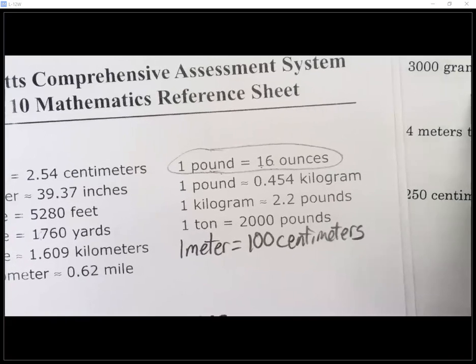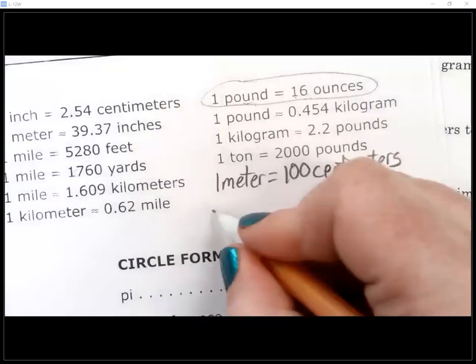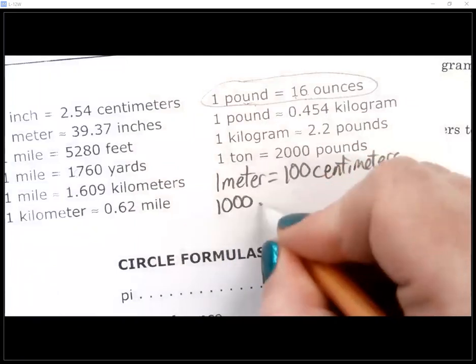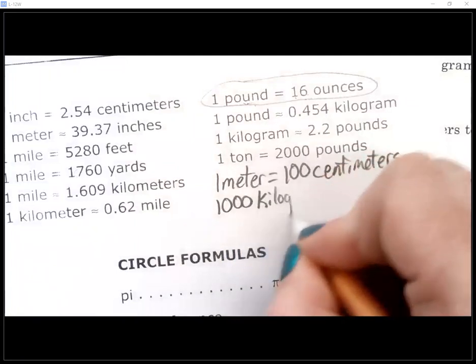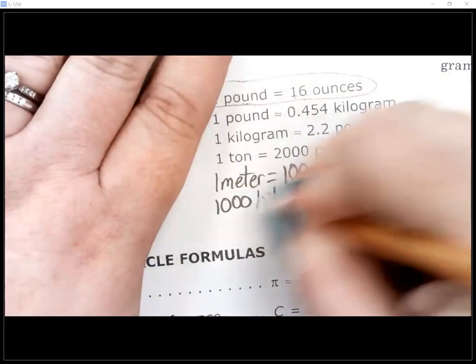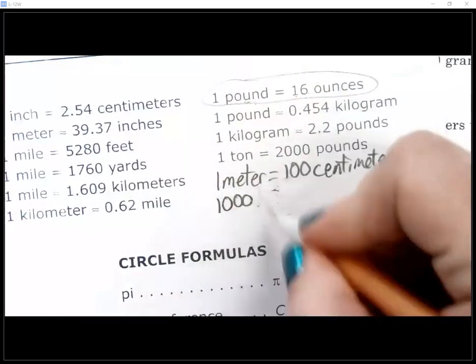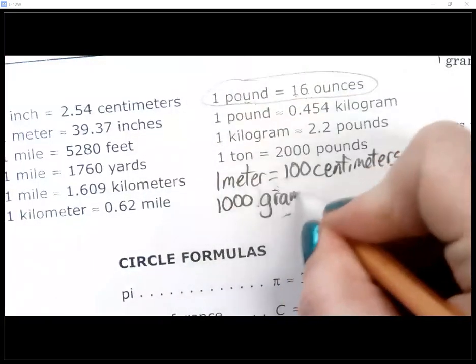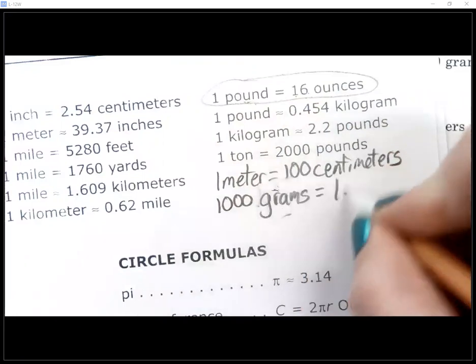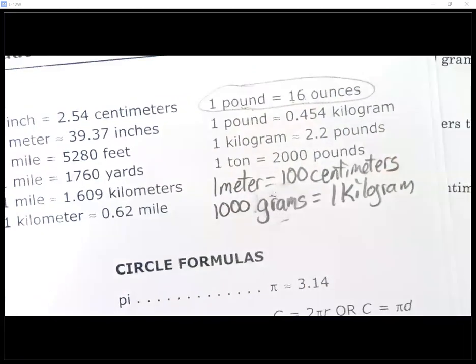Am I right? 1,000 grams in a kilogram, right? I'm pretty positive. No, 1,000 grams in a kilogram. Sorry. 1 kilogram. I thought that one was on there, sorry.